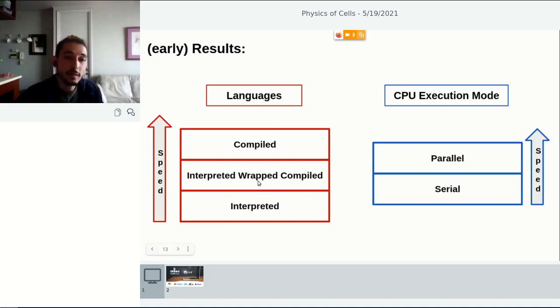And then we have the interpreted wrapped with compiled functions, where you can use an interpreted language like Python that is easier to code, and then wrap only a bit of the code with a wrapper, which can be a decorator.